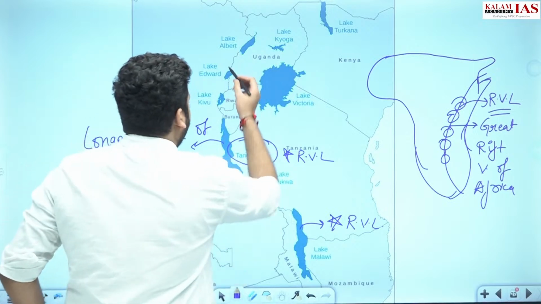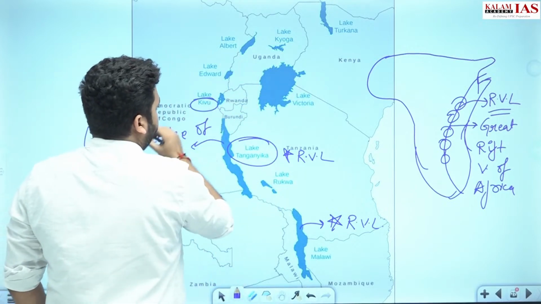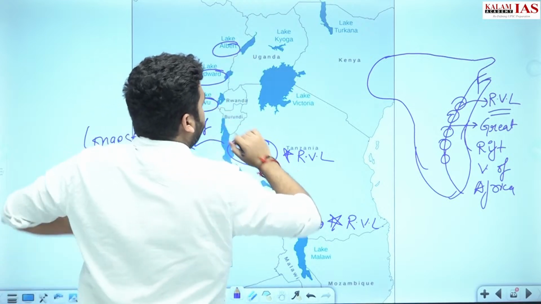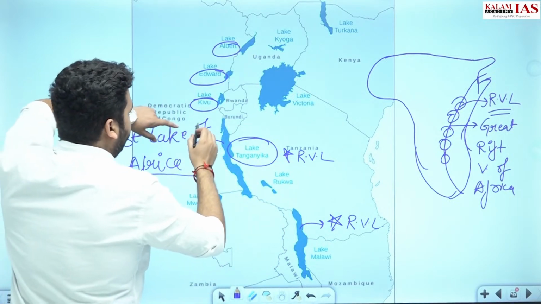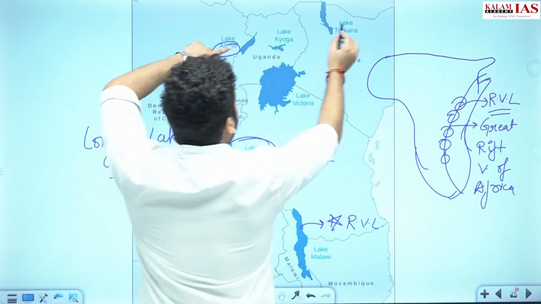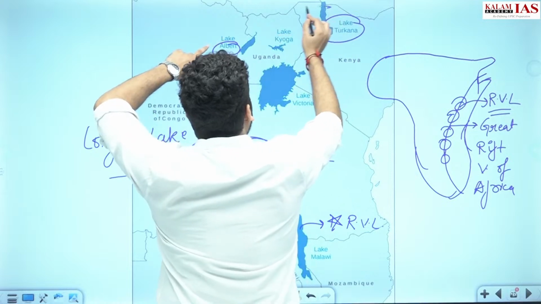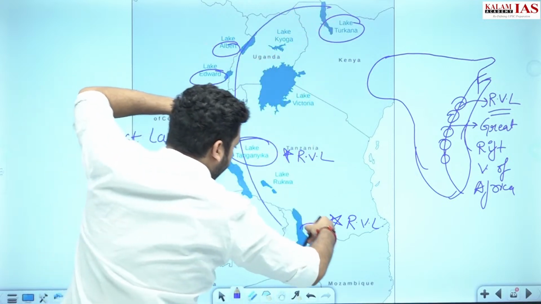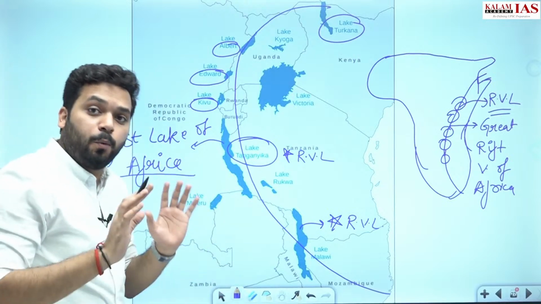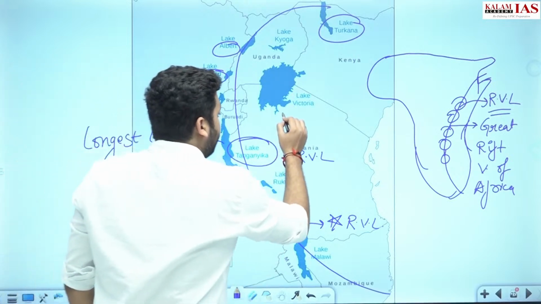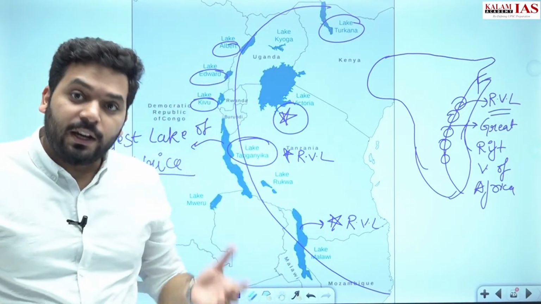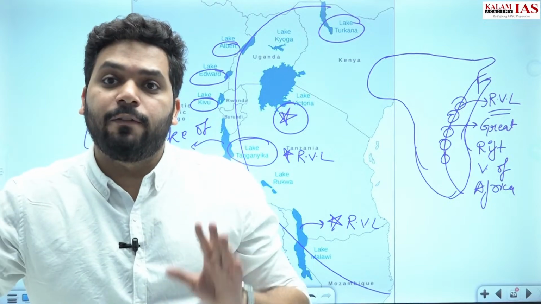Then we have Lake Kivu, Lake Edward, Lake Albert. These are Rift Valley lakes: Lake Kivu, Lake Edward, Lake Albert, and then Lake Turkana. So these Rift Valley lakes, these are breaking. A point to be noted is Lake Victoria, the largest lake of Africa.